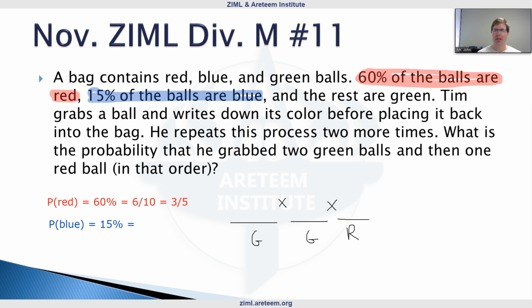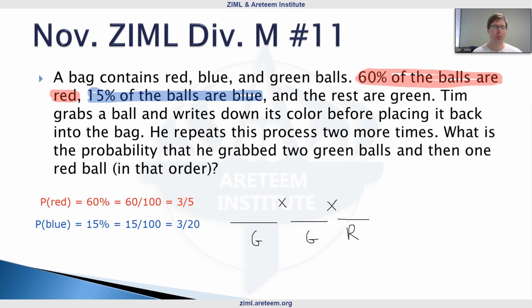How do we figure out the green scenario in this case? So here we have 15 over 100, so we could divide by 5. We then have 3/20ths in this case, right? Of course, though, our simplified versions aren't always super important.